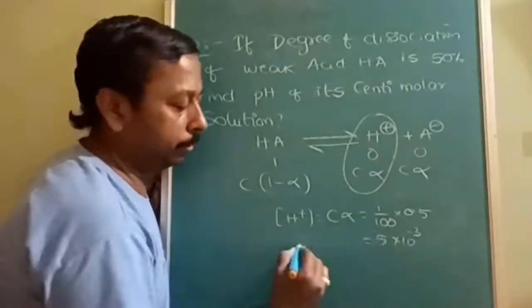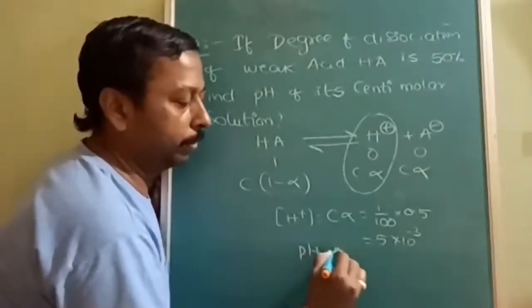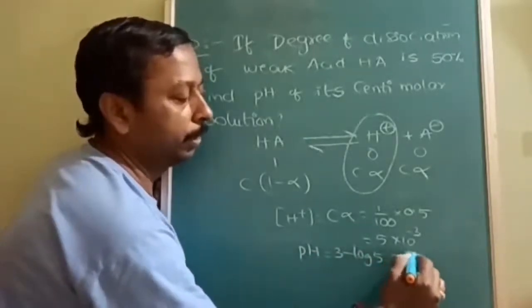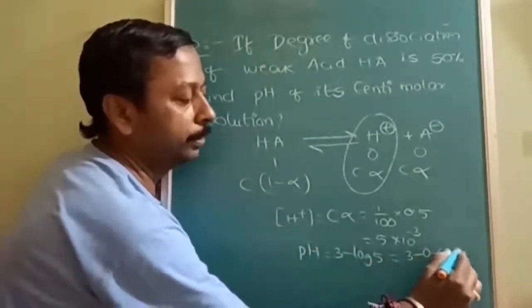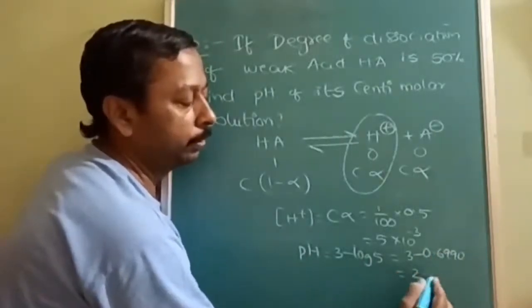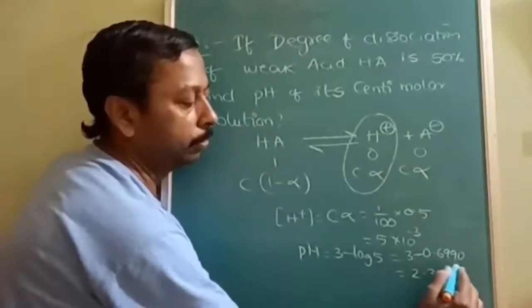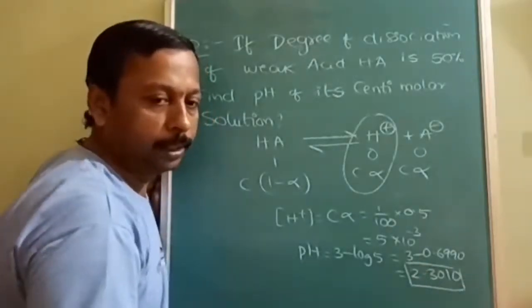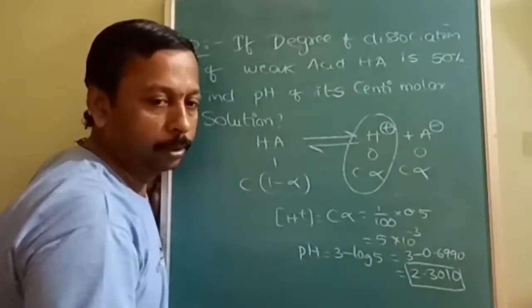Okay, so pH is going to be 3 minus log 5. Okay, so 3 minus 0.6990 will be 2.3010. 2.3010 is the final answer. Note down this.